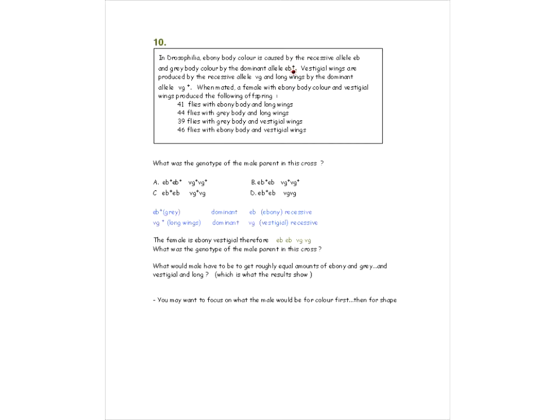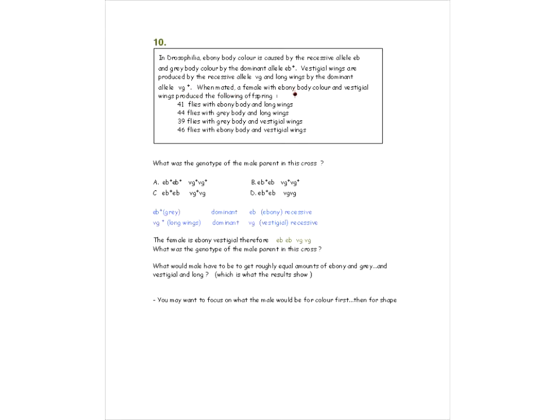That's a different way of doing genetics than we've been used to, but we'll see how it works out. One of the things we're looking at is color, and that's with the eb's. With vestigial wings, that's a recessive allele, and it's vg. Long wings are dominant, and that's vg with a plus. So the dominant trait is just shown with a plus.